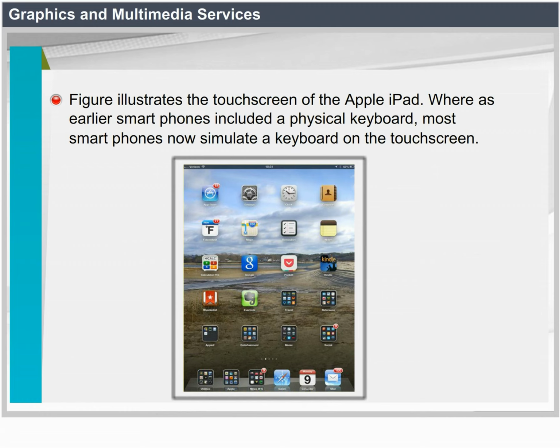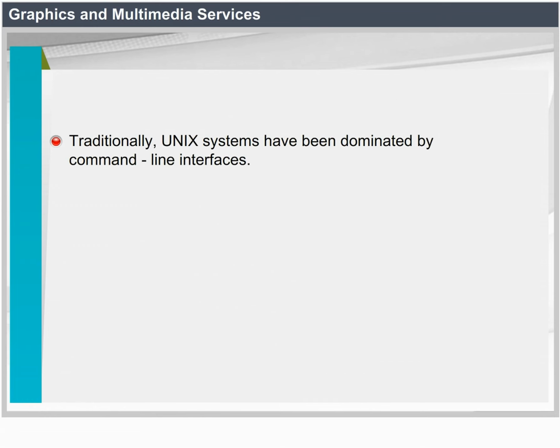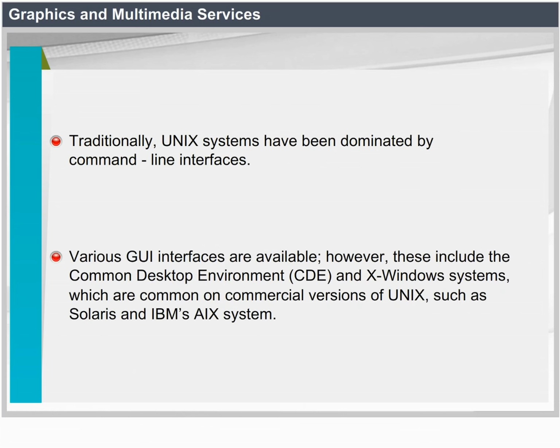Traditionally, Unix systems have been dominated by command-line interfaces. Various GUI interfaces are available, however. These include the Common Desktop Environment (CDE) and X Windows systems, which are common on commercial versions of Unix such as Solaris and IBM's AIX system.